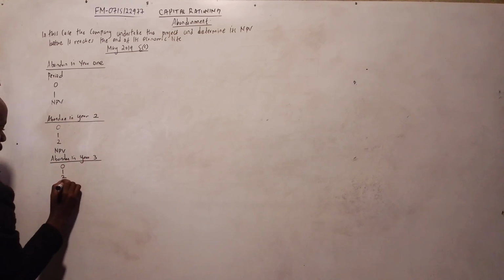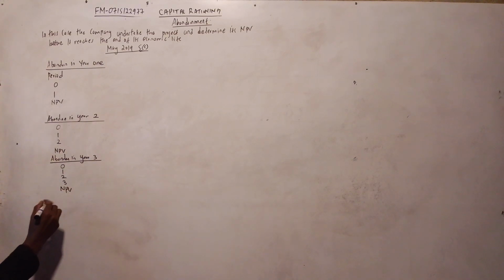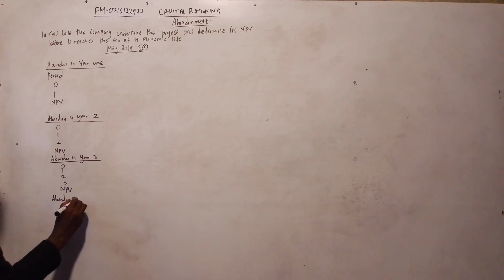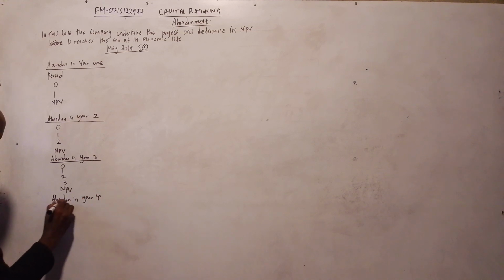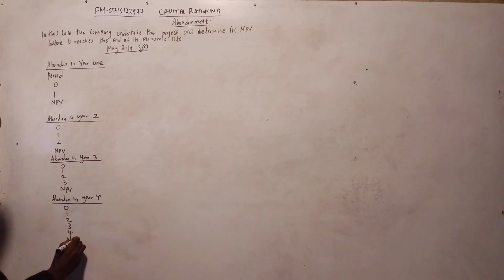Then we can abandon in year 4: 0, 1, 2, 3, 4, then our NPV. So you only abandon at the point where the NPV is highest.